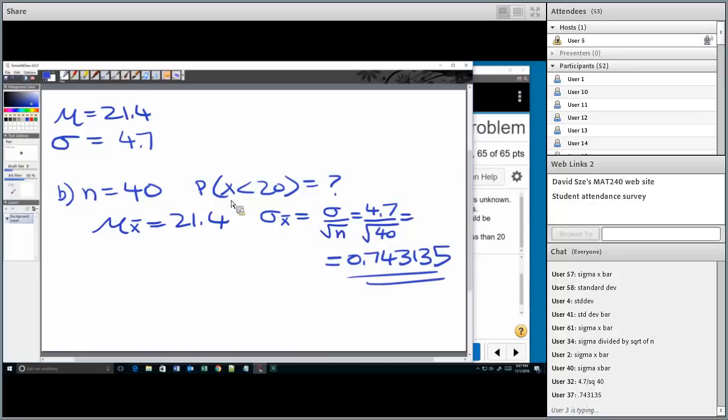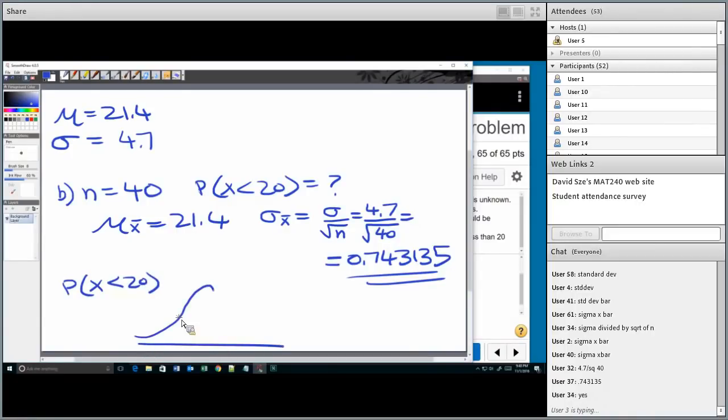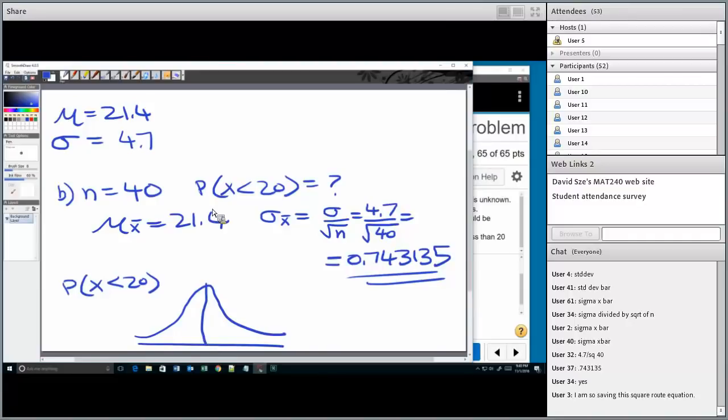Well, can we find this probability now? The center is 21.4. So 20 is going to be right there, and we want this part.